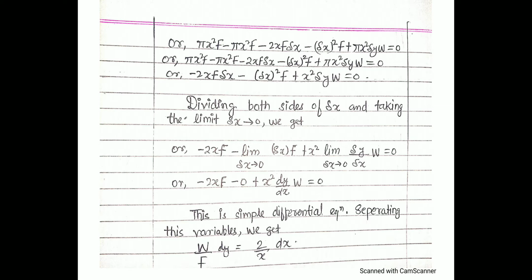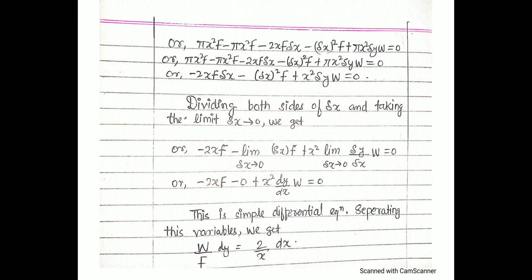On further solving, we get pi x square f minus pi x square f minus 2 pi x f del x minus pi (del x) whole square times f plus pi x square del y times w, which is equal to 0. Now solving it, we obtain minus 2x f del x minus (del x) whole square times f plus x square del y w is equal to 0.